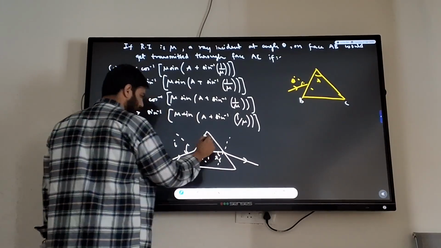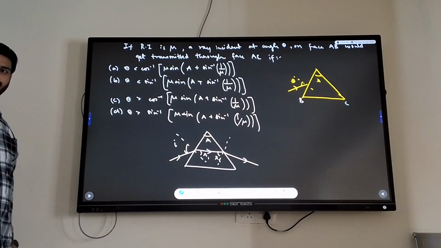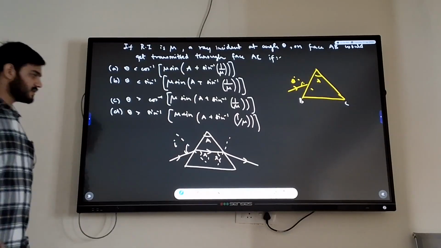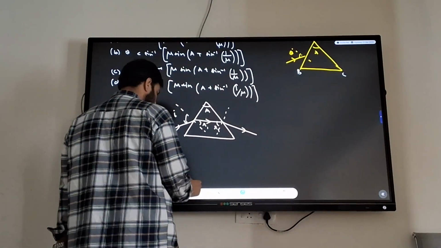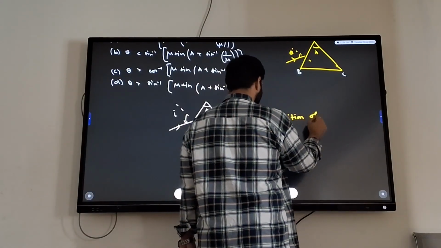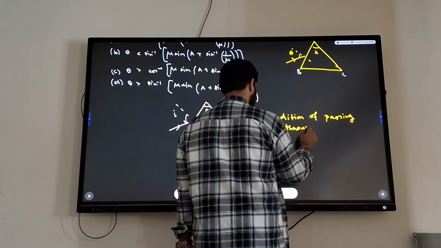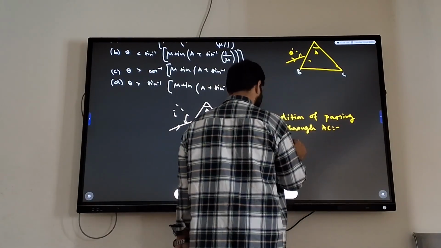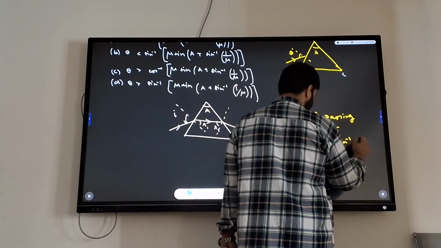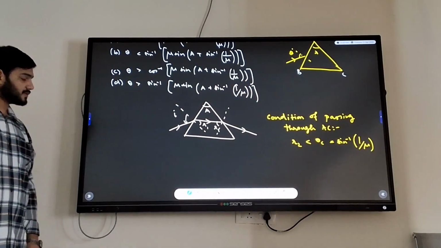If this R2 is less than theta C, then it will pass through it. If your R2 is greater than theta C, then TIR will occur. So let's find this R2. The condition of passing through AC is R2 should be less than theta C. But what is theta C? Sine inverse of 1 by mu. Everyone knows this? Yes.